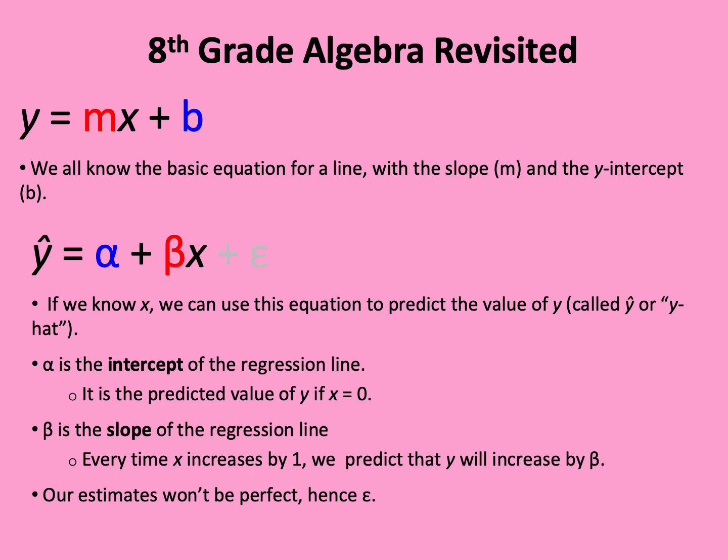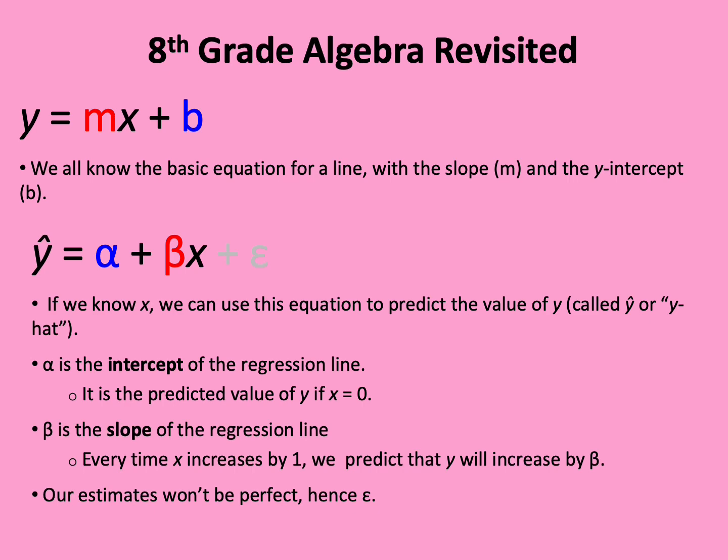In this equation, m is equal to the slope of the line, and b is equal to the y-intercept. We can transform this equation slightly so that we can use it to predict our value of y given a value of x.